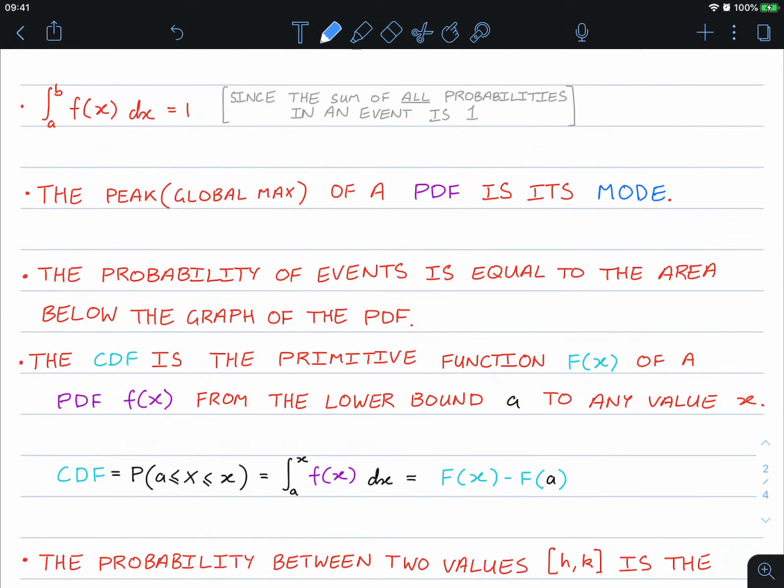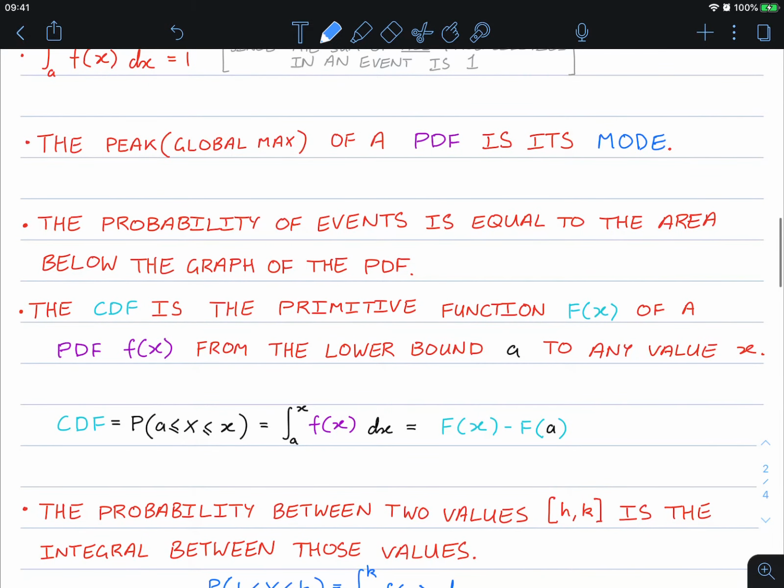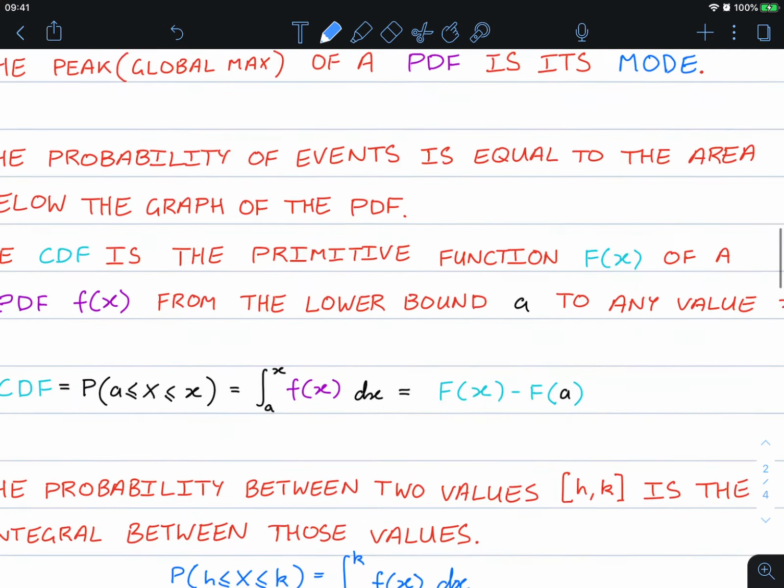The probability of events is equal to the area below the graph of the PDF. We've learned that before. The CDF is the primitive function, capital F of x, of a PDF f of x from the lower bound a to any given value x.